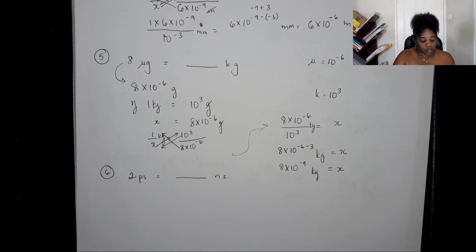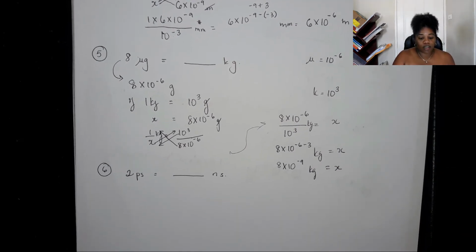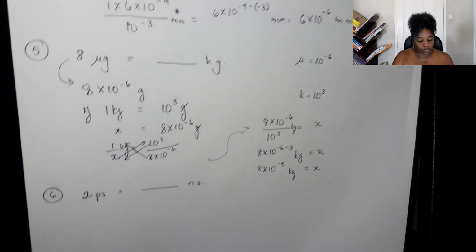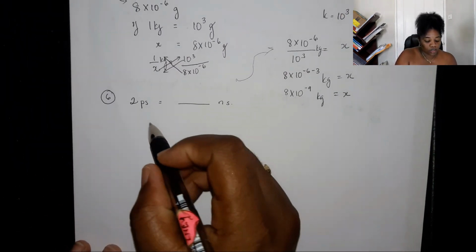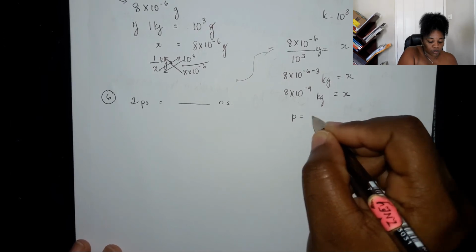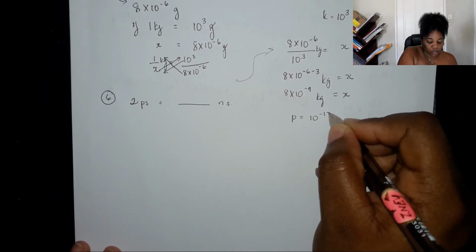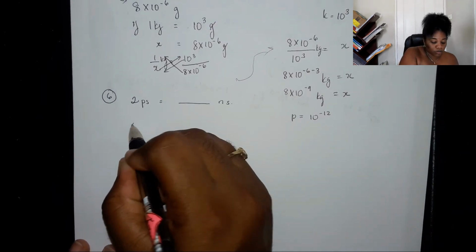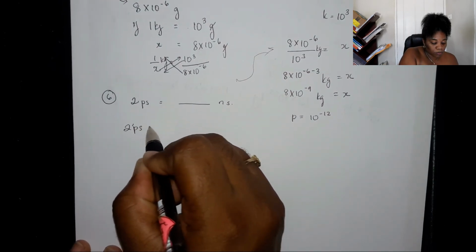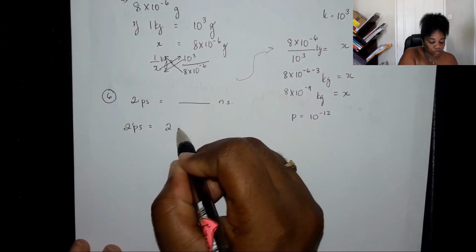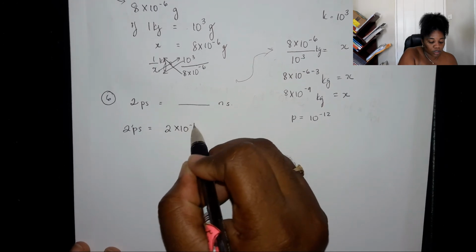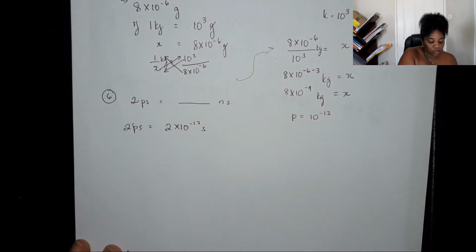X. Yay. And so the last one now, which is 2 picoseconds to nanoseconds. So you'll find that a pico is equal to 10 to the negative 12. So you said 2 picoseconds is equivalent to 2 times 10 to the negative 12 seconds.